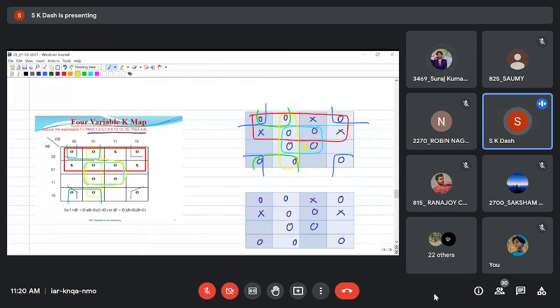Corner quad, 4 corner quad, because of which 0? Left corner, right corner, bottom corner, upper corner. Bottom corner, because of this 0. It can be covered only using this combination, so it is getting essential. If you observe other quads, they are not essential. Check it. Others are not essential. So what happens? Only these two quads are essential.